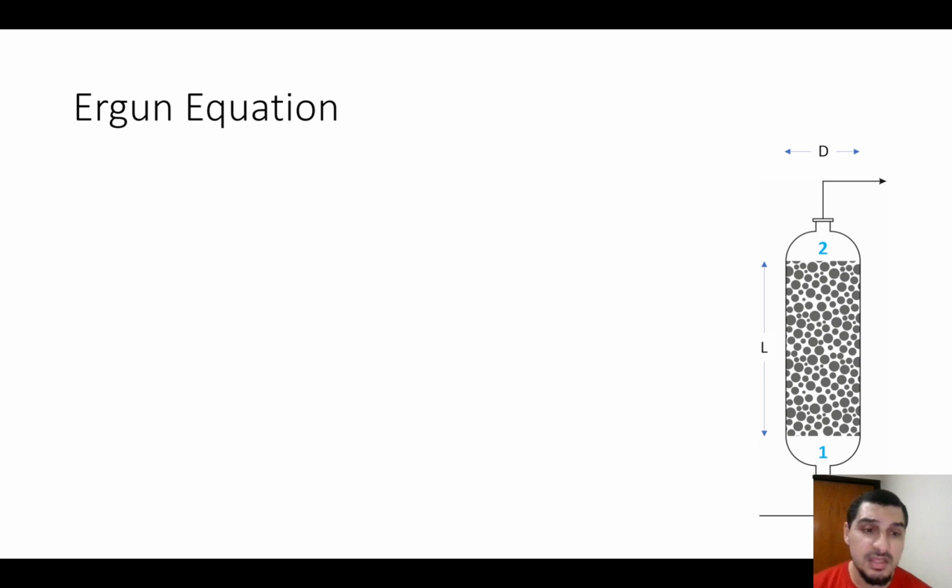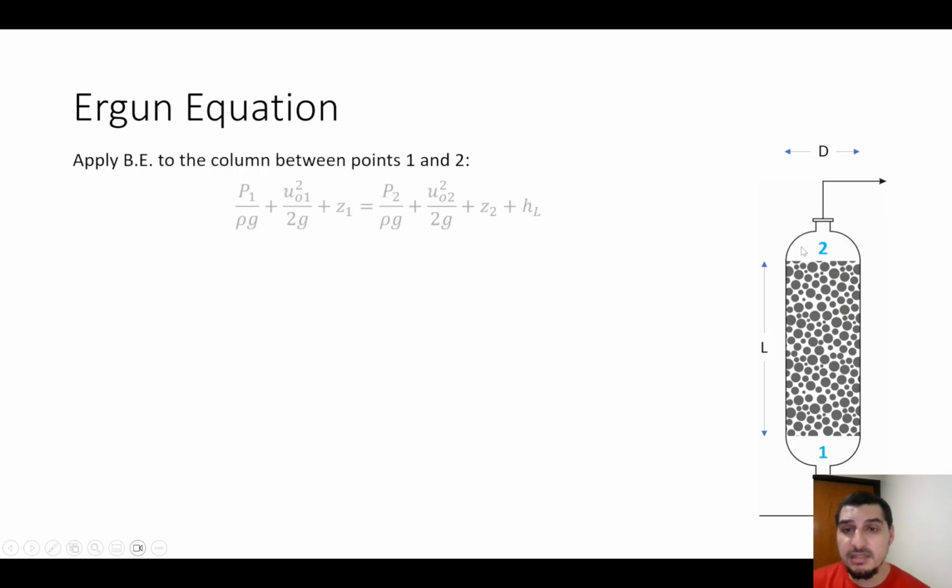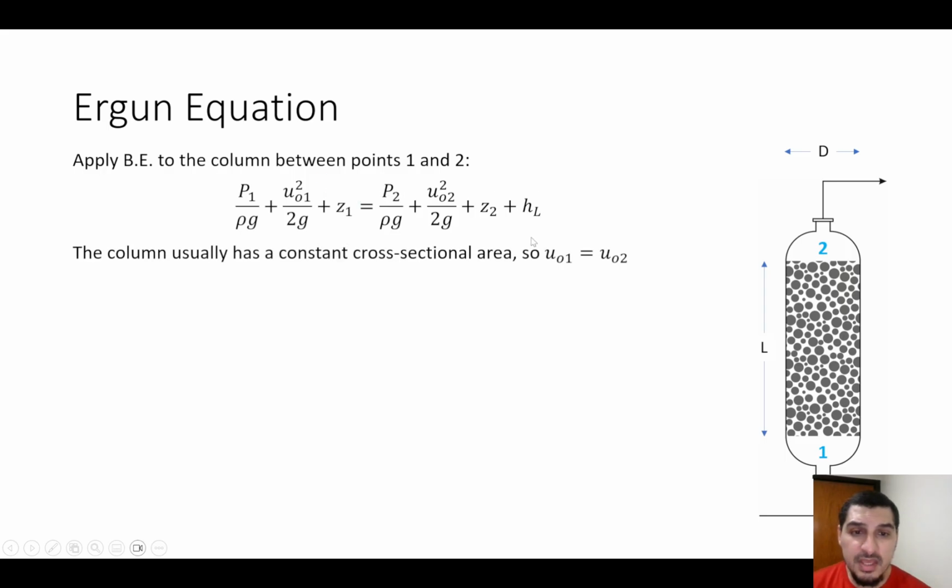Now we are interested in the pressure drop. If we want to calculate the pressure drop, we can apply the Bernoulli equation between the entrance of the bed and the exit of the bed. There is no pump or turbine here, of course. So we'll have the three terms for pressure, velocity, and elevation, and we'll have the head losses. The area here is usually the same as the area here, so the velocity terms will cancel out.